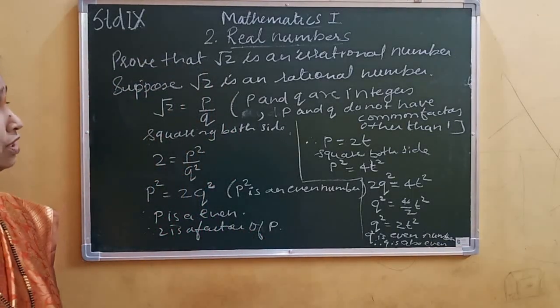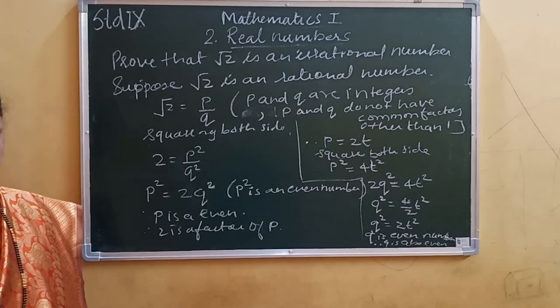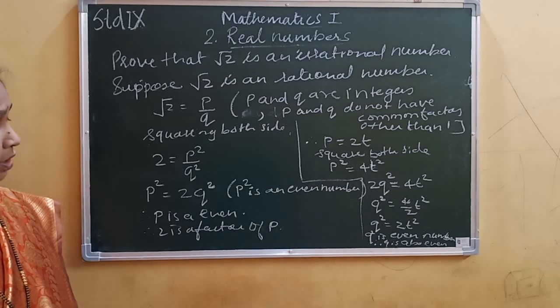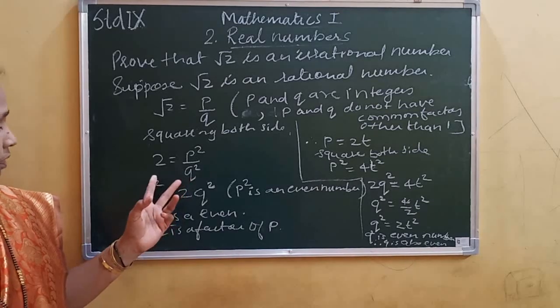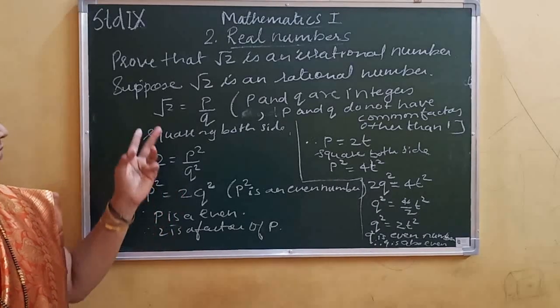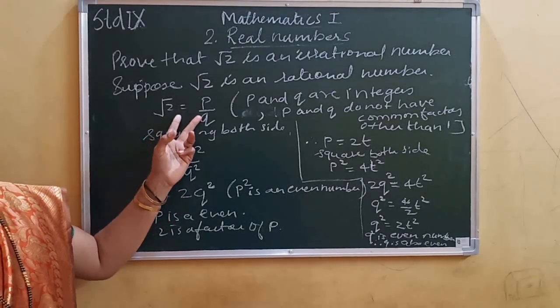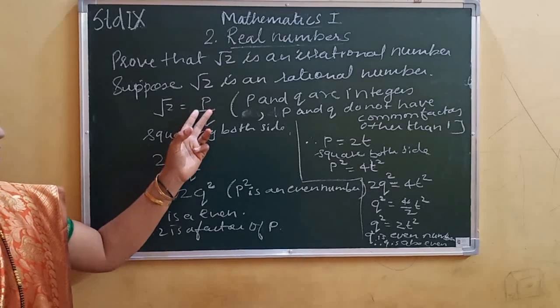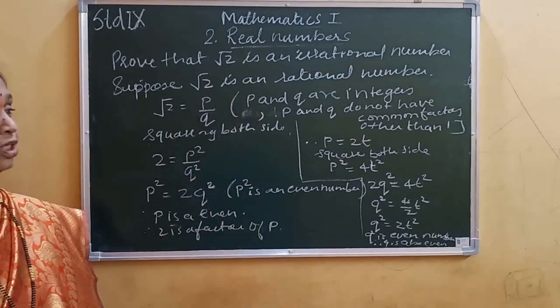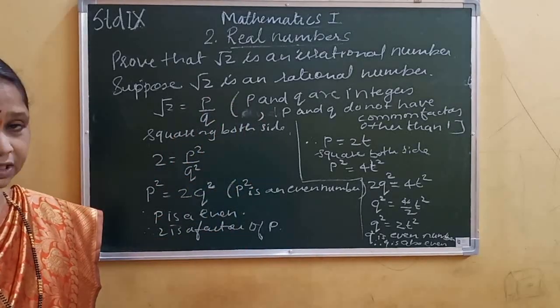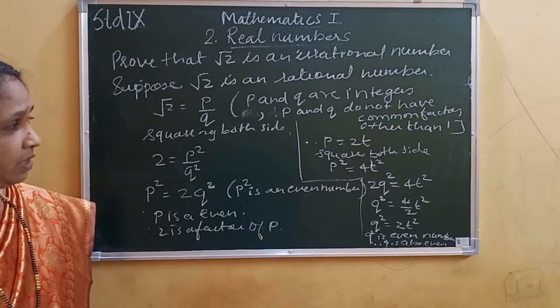So our assumption is what? Our assumption is that 2 is a factor of Q. It means we said that root 2 is a rational number, and that P and Q do not have a common factor other than 1.